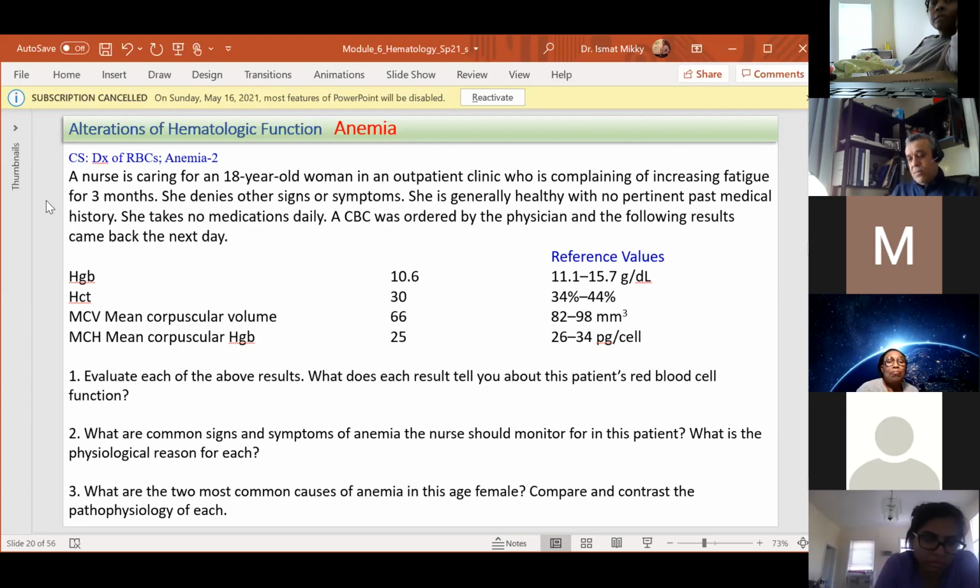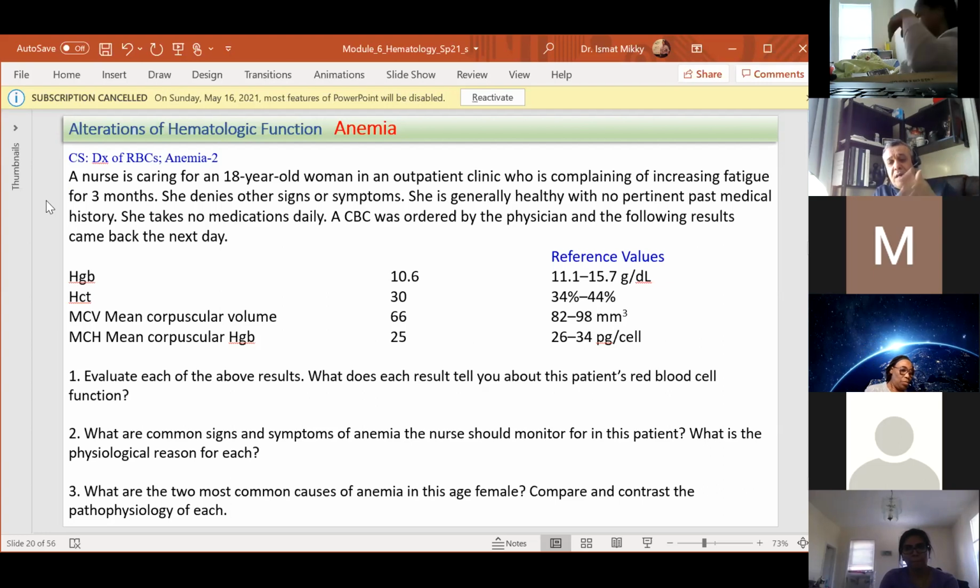Evaluate each of the above results. How does each result tell you about this patient's red blood cell function? So this is like a classic scenario of the patient with anemia, and we're going to review these results because this is a good application of the results.